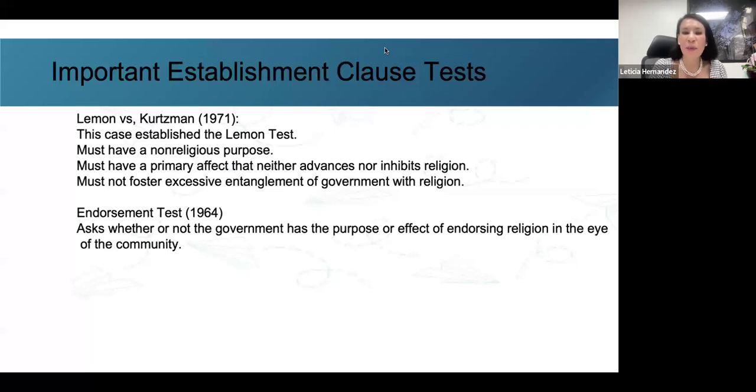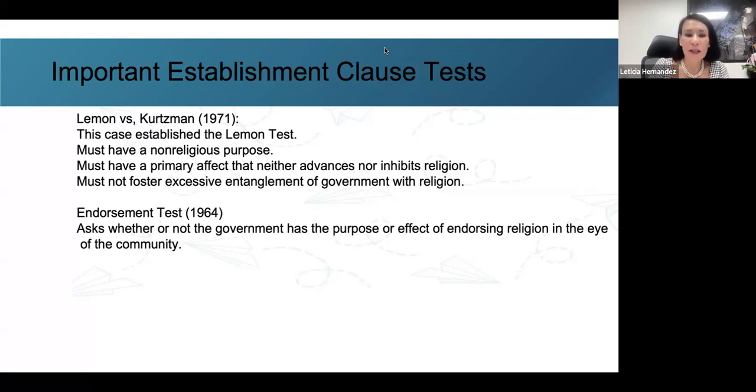So, like I stated before, it's really critical that the primary effect neither advance nor inhibit religion, because that entanglement has to be clearly delineated. As time has progressed, it does seem to get a little entangled, but it's up to the districts and the school sites to disentangle it and have a clear view on it.